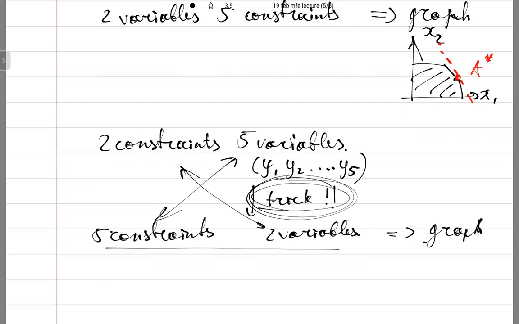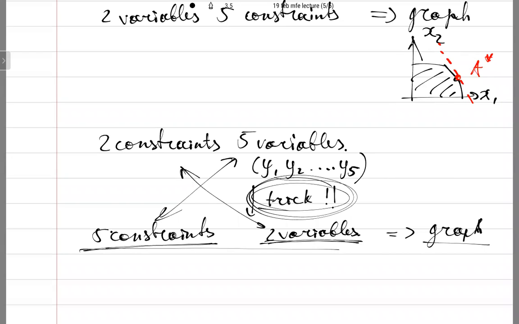And we just need to say, oh, these 2 variables were Lagrange multipliers for the original problem, and these 5 new Lagrange multipliers were just original variables for the original problem. So this is a trick to switch the number of Lagrange multipliers and the number of original variables.